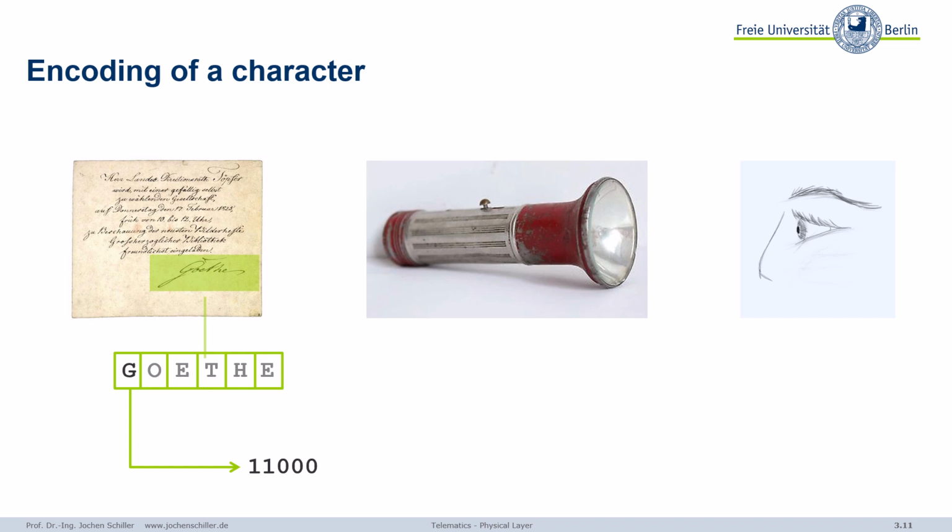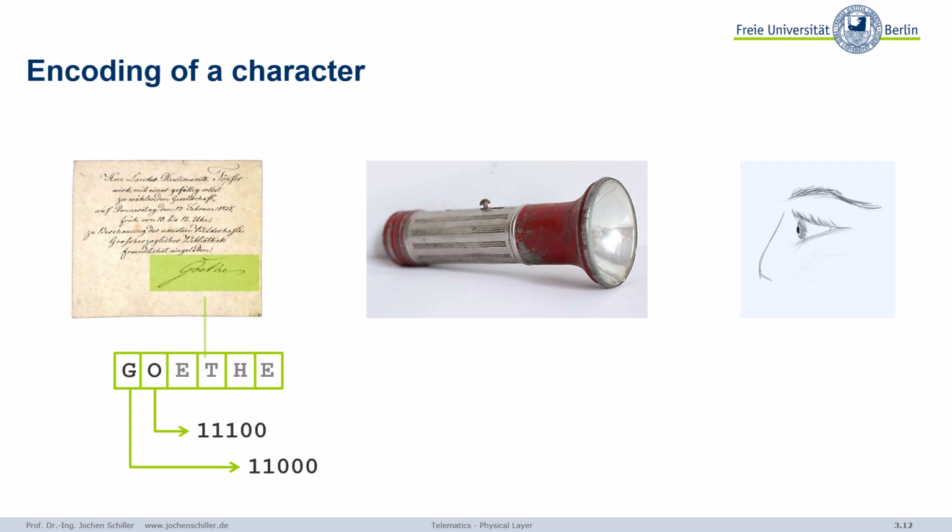Why? Well, we have to be able to distinguish it. And why can't we send a G? Because here our sender is very limited. In the end, what we have here is light on and light off. That's it. And this can be represented by our ones and zeros.